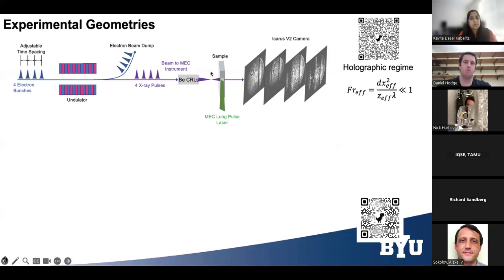But in this first experimental campaign that we did, we used the so-called Icarus V2 camera. This camera is an ultra-fast X-ray imaging camera, meaning that with a single sample, we can capture 4 frames of that sample as a shock wave interacts with it. Between each of these frames is 2 nanoseconds.